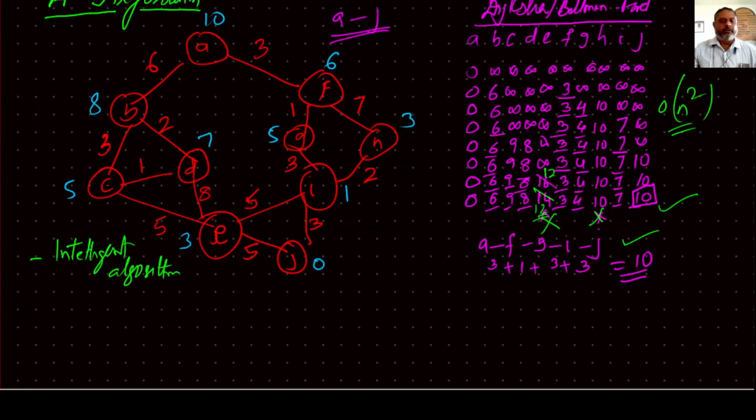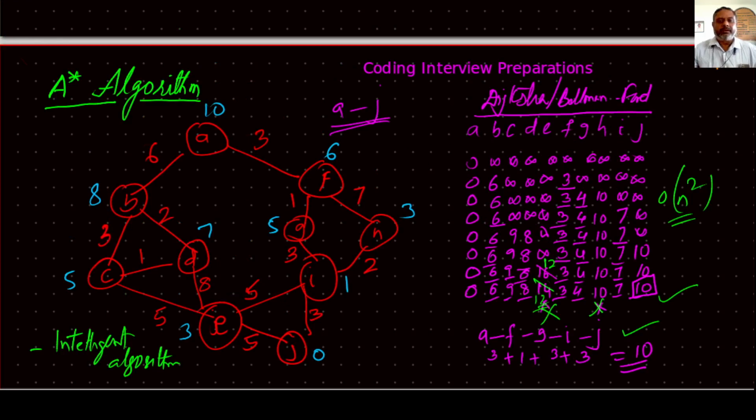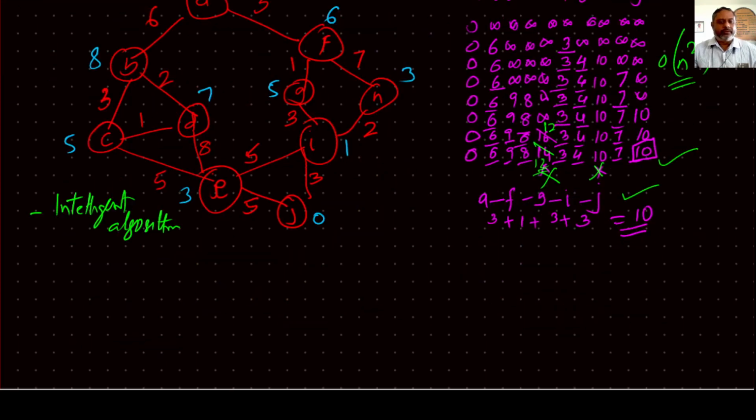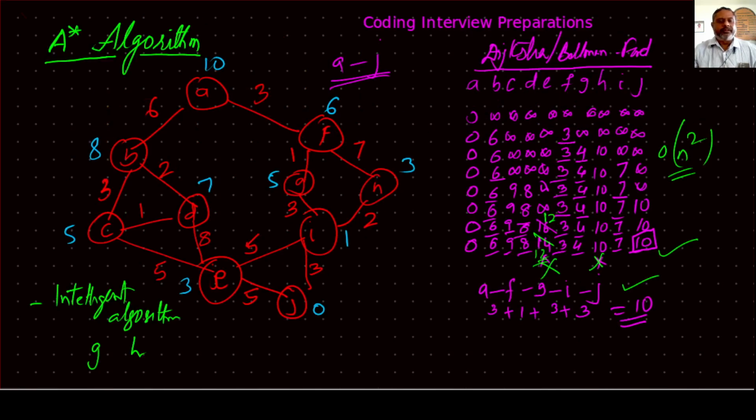What it does is it has got two values, g and h. g talks about the actual distances or the actual weights between any two nodes, and h is the heuristically measured distance to the destination.